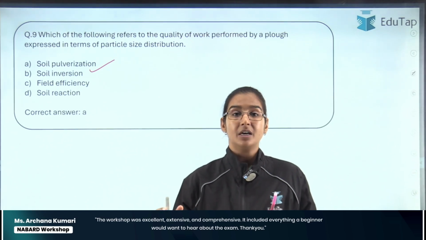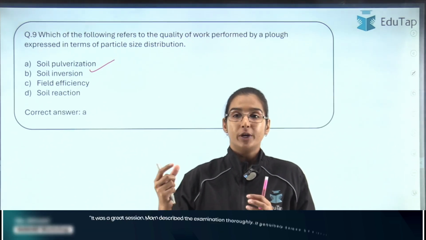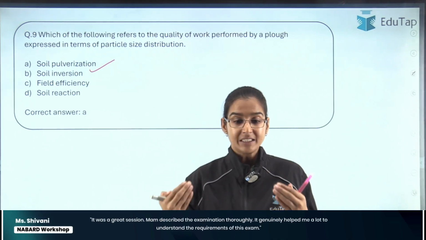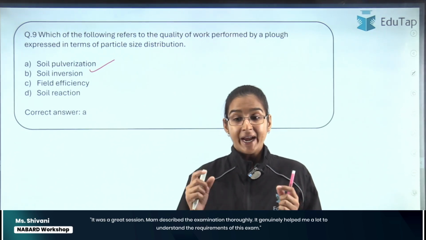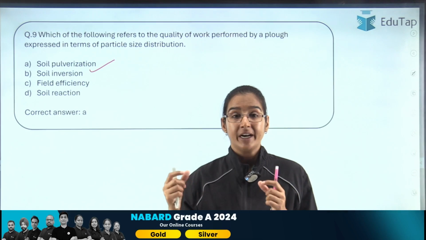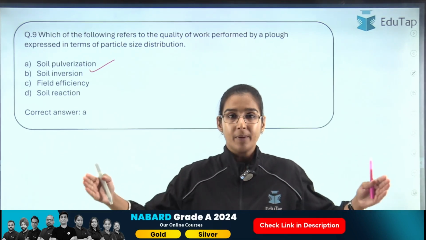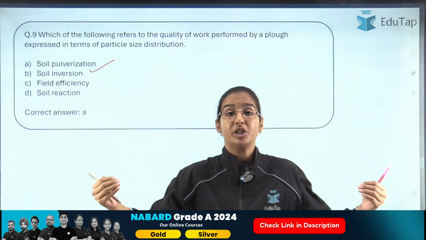Rated speed means rated forward speed, which is the maximum or optimum speed at which the machine can work, right? And also at the rated width. Rated width means the optimum width which the machine can cover.